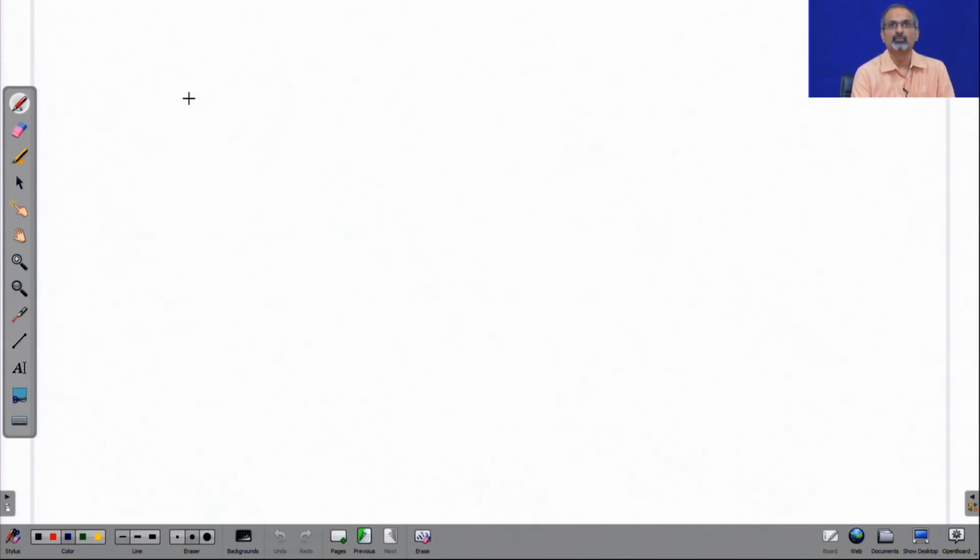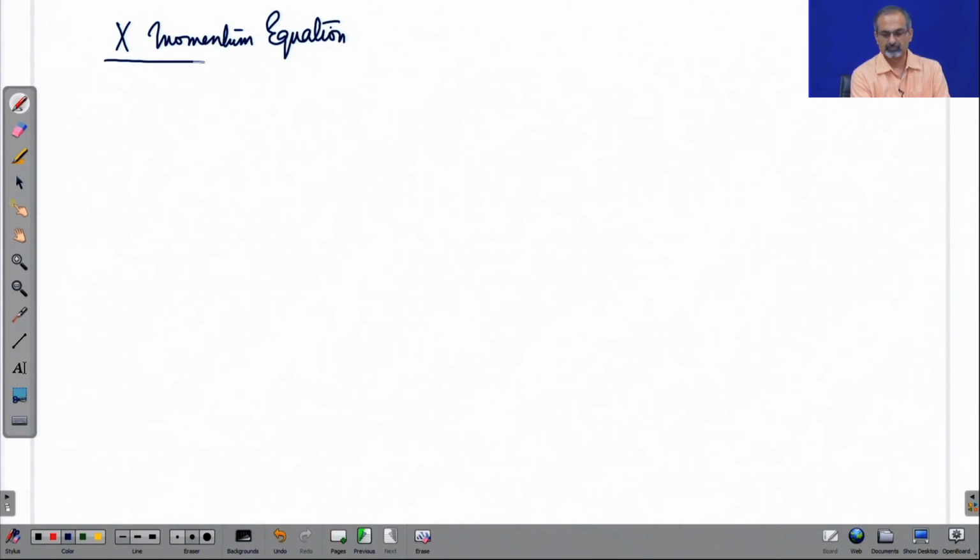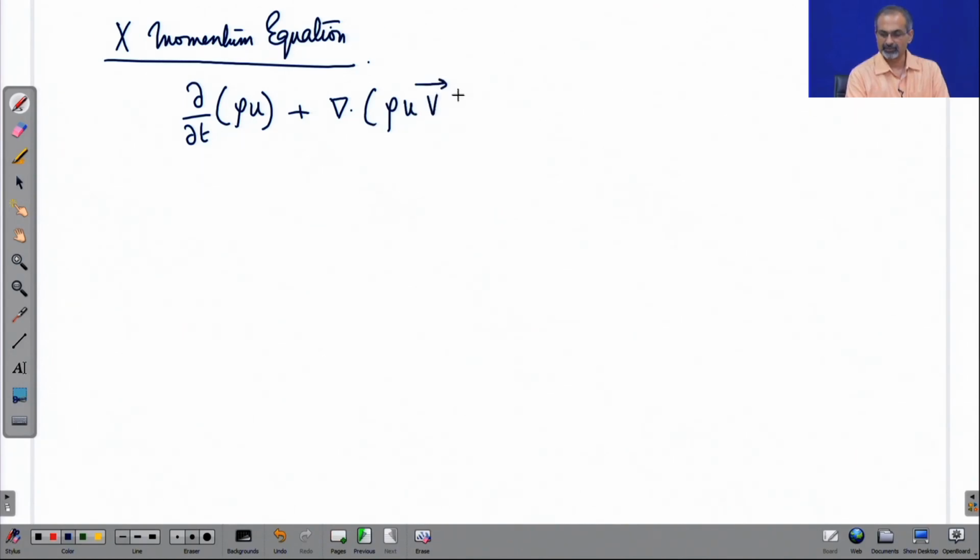Let us do it for the momentum equation next. We will take the x momentum equation and do it. So, for the x momentum equation, how does it work out? First, let us write down the x momentum equation again as it is valid at a point in the flow field, that is the differential form of it.